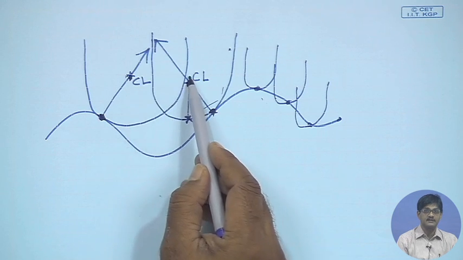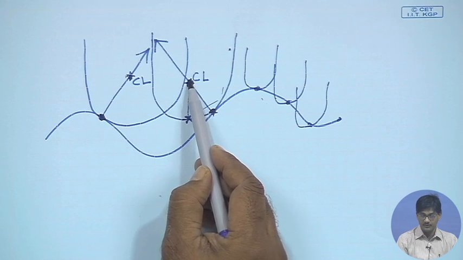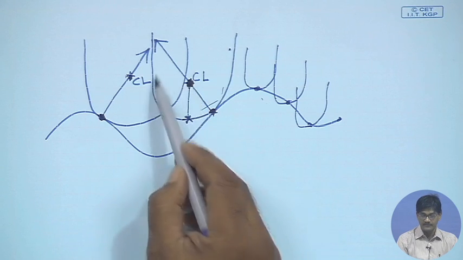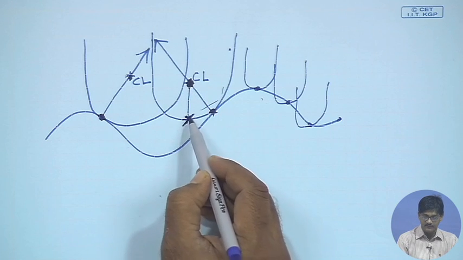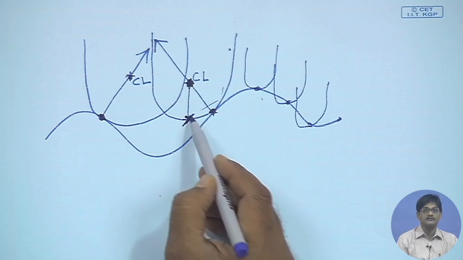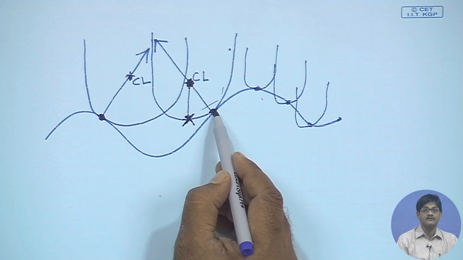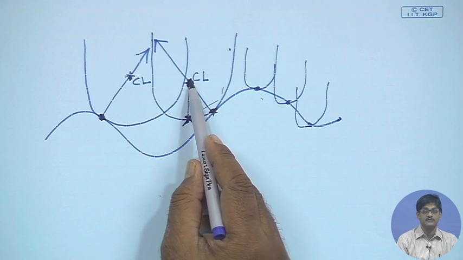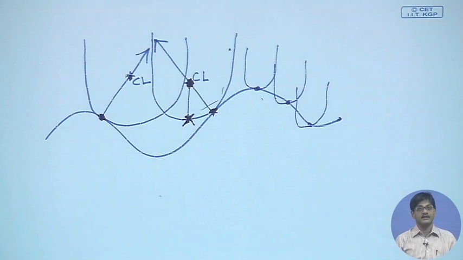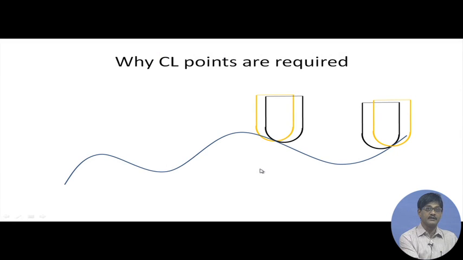It will immediately understand, yes, this is the position to which I have to bring the center of the spherical end. As per the convention of the machine, we have to give a specific point on the cutter for each and every cutter contact point and call it the cutter location point. This can be cutter location, this can be cutter location, like that. So, that is why we call it CL data, cutter location data.